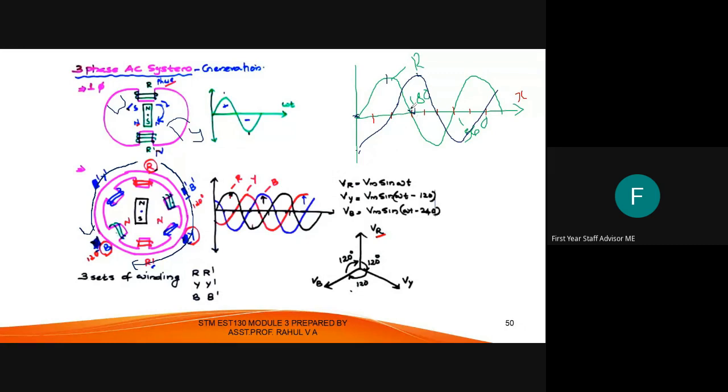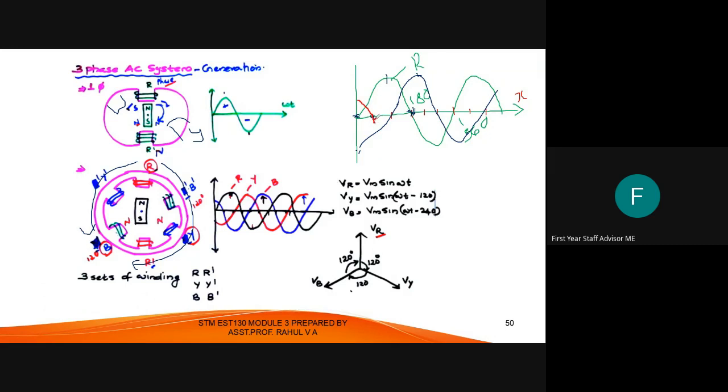So here it is crossing 0. At this point it is crossing 0. So I can say that the voltage at the B winding should cross 0 here. So what I can do is, I can draw the waveform like this.